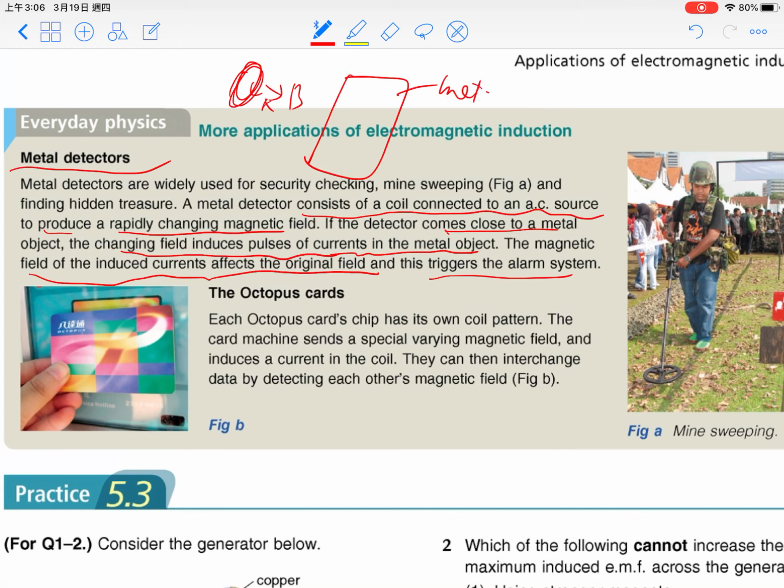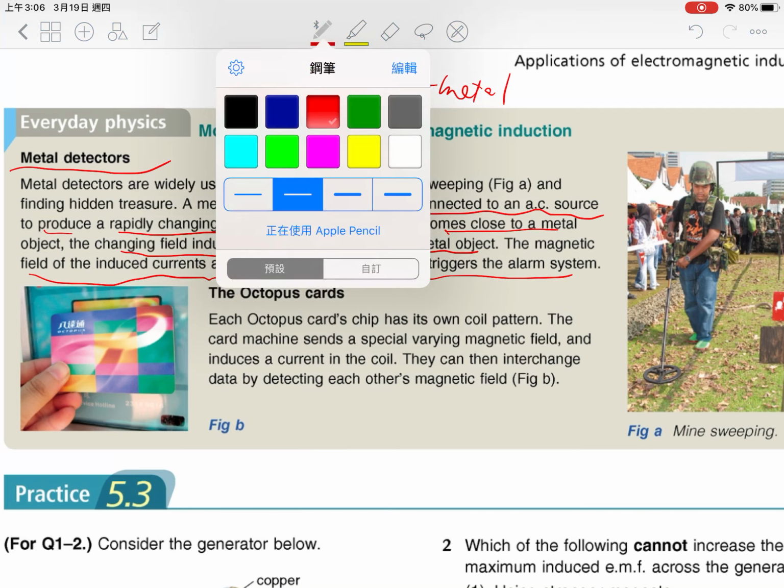If there is a metal here, we find an induced current opposing the B field, right? So if the coil measures a change in the magnetic field, it will trigger the alarm. So this can be used for making a metal detector.